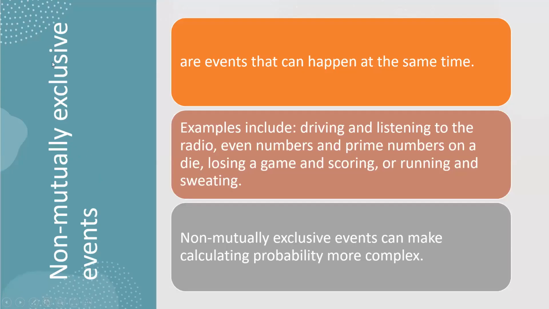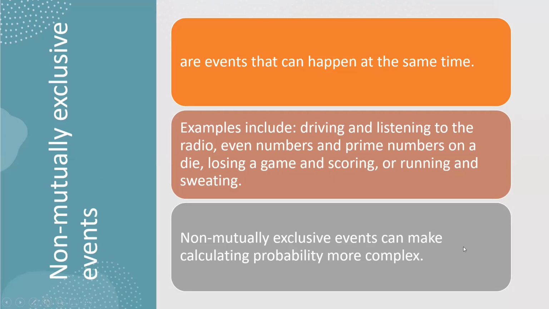And there are some non-mutually exclusive events. These are events that can happen at the same time. There is a slight bit of overlapping when we use Venn diagrams and the basic concepts of addition and multiplication rules, explained later on. For example, driving and listening to the radio, even numbers and prime numbers on a dice, losing a game and scoring, or running and sweating.